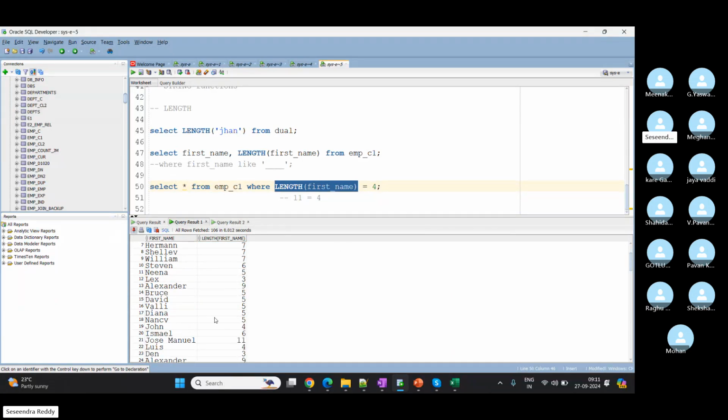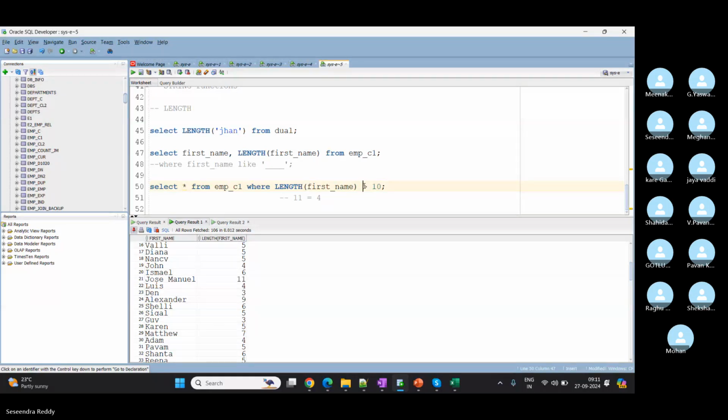Okay, so now what else? We have a few members. So if I say length greater than 10, what does it mean? Their name should have more than 10 characters, right? So now it will check like this.